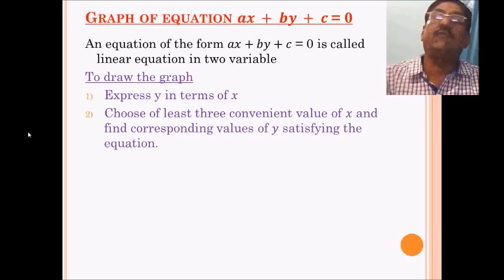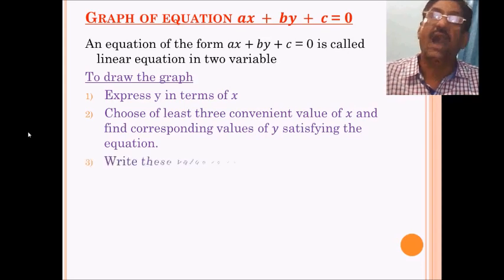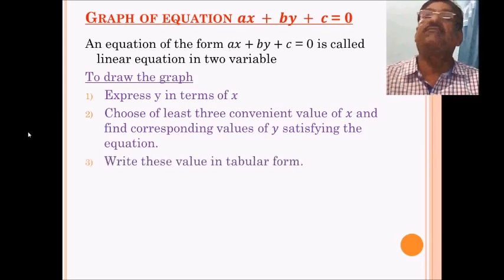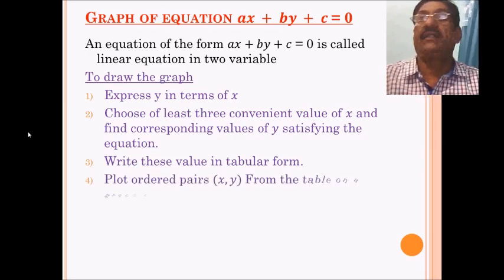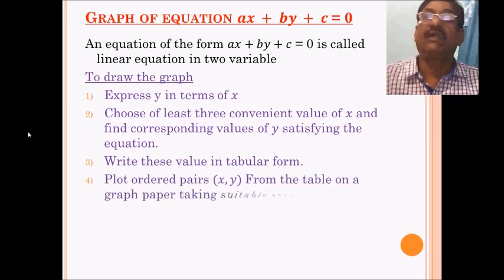These 3 points are written in tabular form, which are known as ordered pairs in the form of x and y.